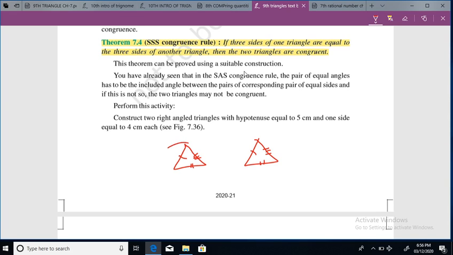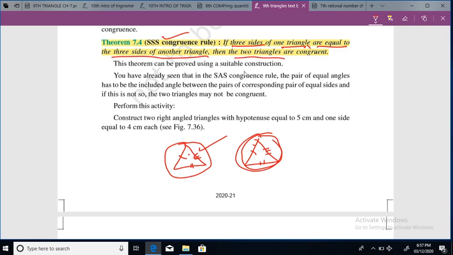So all three sides of this triangle are equal to the corresponding three sides of the other triangle. Then, according to the SSS congruency rule, these two triangles are congruent to each other.